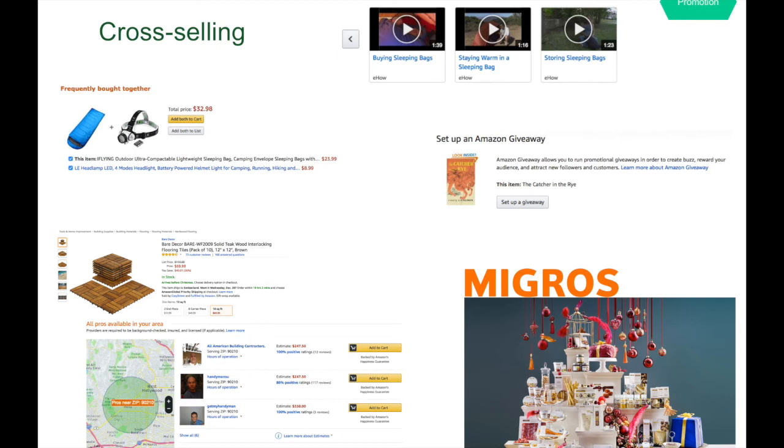between different people. And last but not least, that's again the example from Migros, the grocery retailer in Switzerland. For all the events like Christmas or Easter and so on, they have these themes where they show you what combination of food and non-food or decoration you might want to buy.